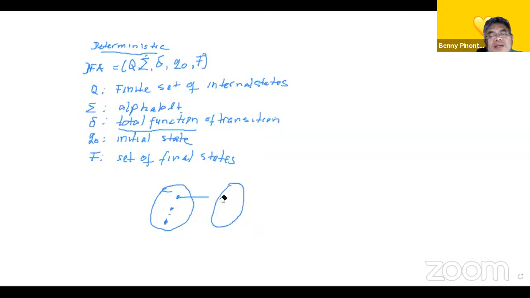You cannot have something like this, so that is a function.